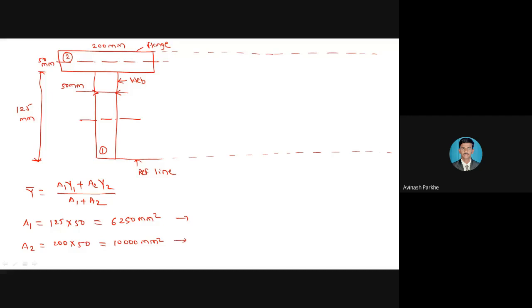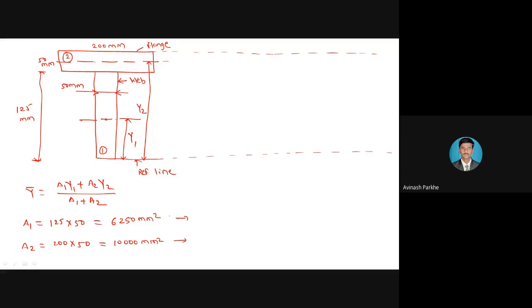Now similarly find out Y1. Y1 is the CG distance of section number 1. It is exactly at the center. So here I will represent this as Y1, and from the bottom reference to the CG of section number 2, this is the Y2 distance.